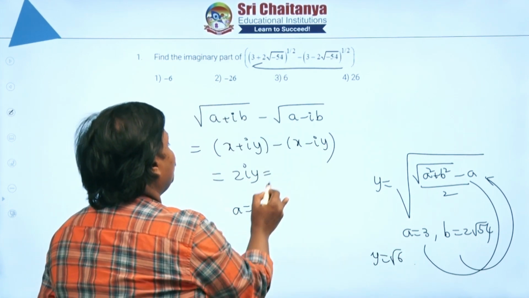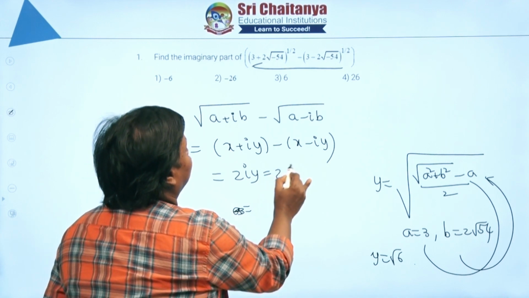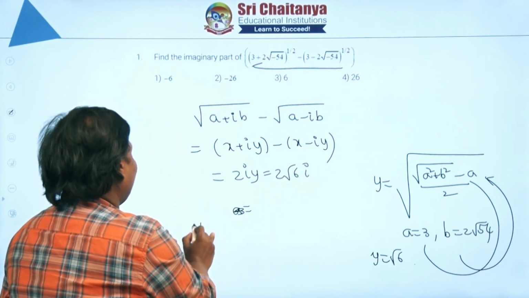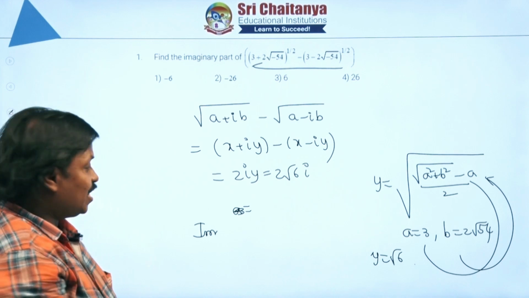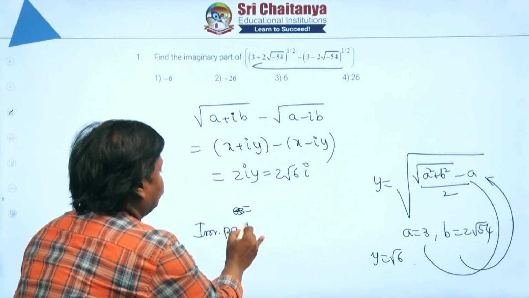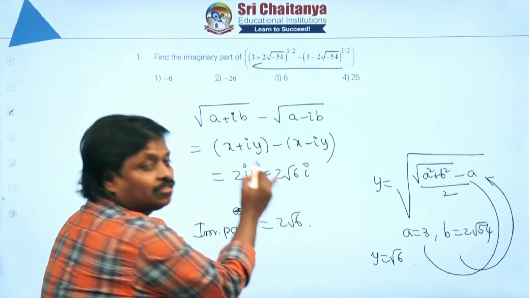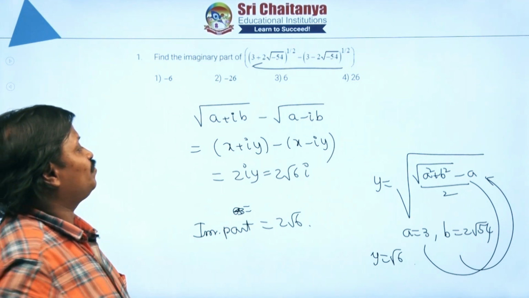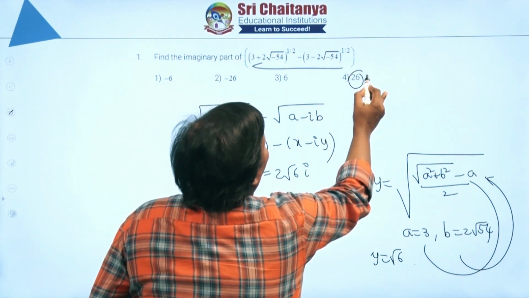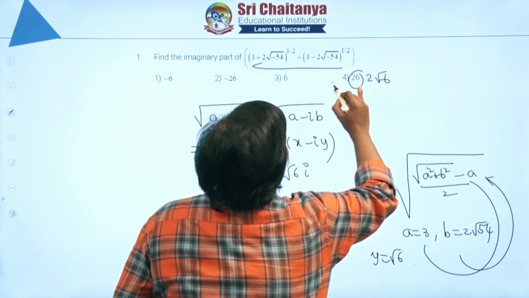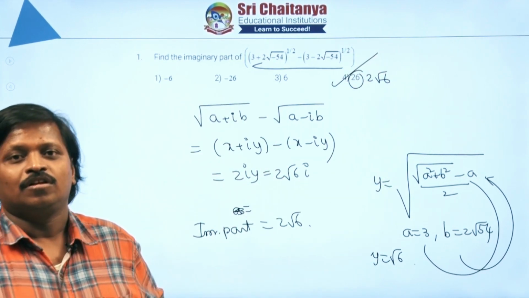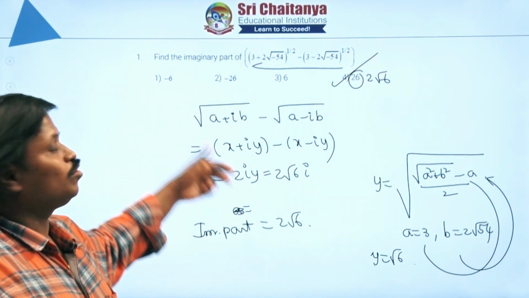So this value is 2 root 6 i. So the imaginary part is 2 root 6, but maybe in the collection of the data there may be a mistake. If this is 2 root 6, my answer is 4. So this is the first question solution.